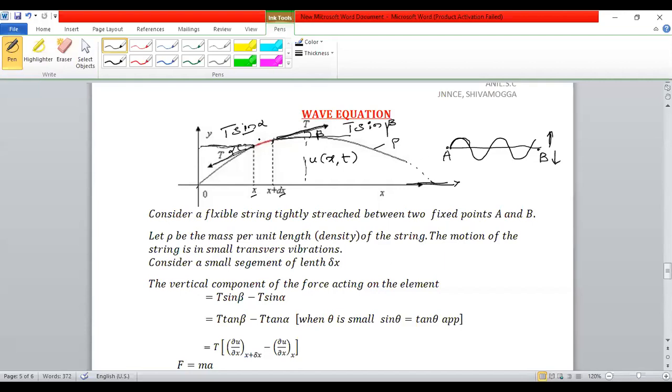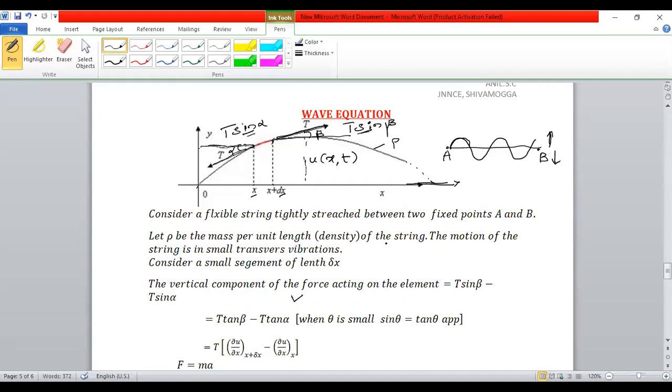Therefore, the vertical component of the force acting on the string between x and x plus delta x will be the difference of these two, that is, T sine beta minus T sine alpha.